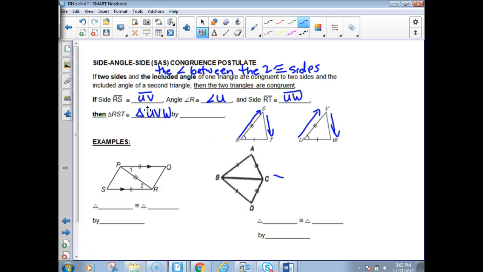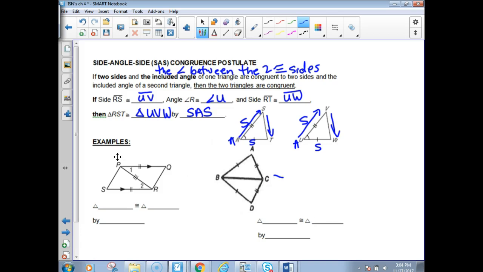U, V, W. And that would be by, you see how the angle is between the sides? It's smushed in between the 2 sides? SAS. Okay, you have a side, then an angle, then a side. Over here, you have a side, then an angle, then a side. That's why it's side, angle, side.